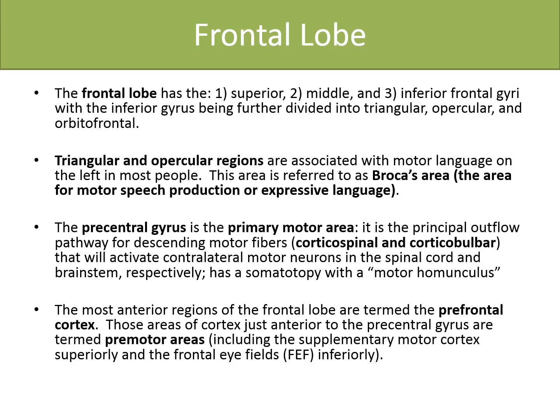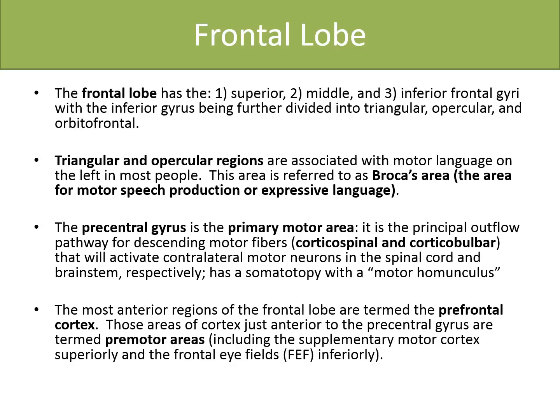In the frontal lobe, we've identified a number of different structures, and the particular emphasis will be on the triangular and opercular areas that are involved in language function in the left hemisphere in most people. This is referred to as Broca's area, for speech production and expressive language.